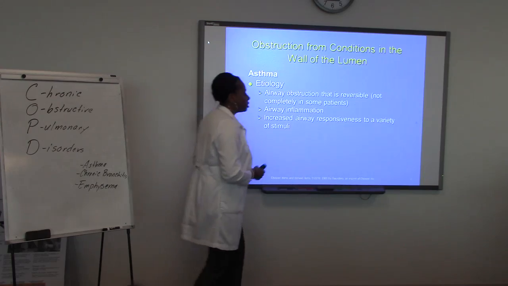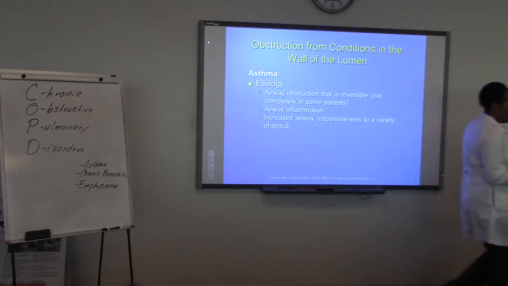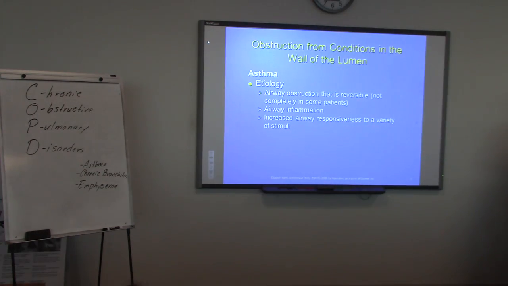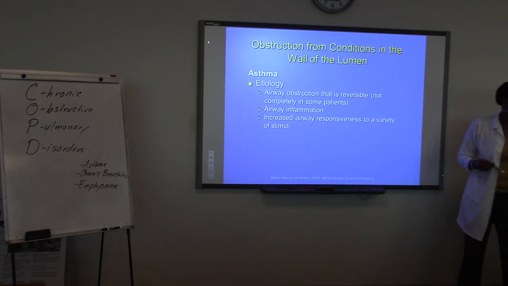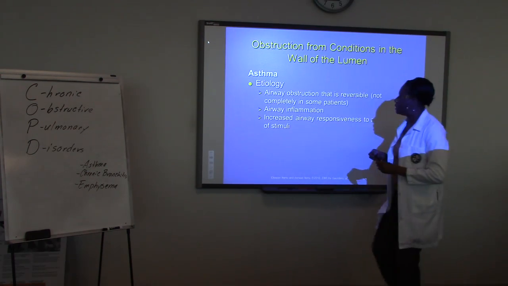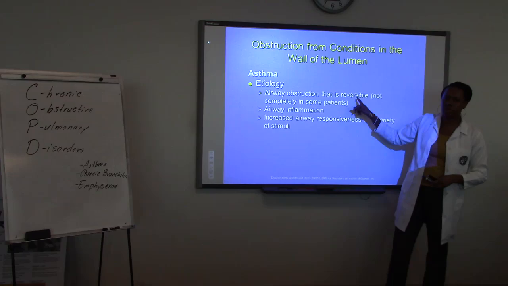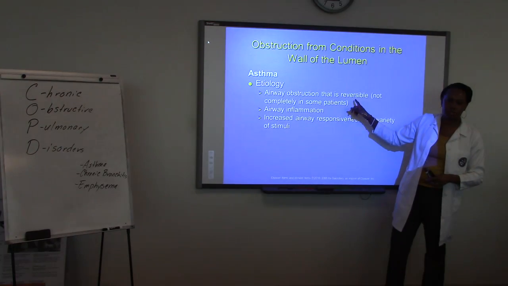Okay, so the very first thing we're going to go into is asthma. And there's a lot to say about asthma. So we'll go into this. Asthma is considered to be an airway obstruction that is reversible. Please make sure you highlight reversible.